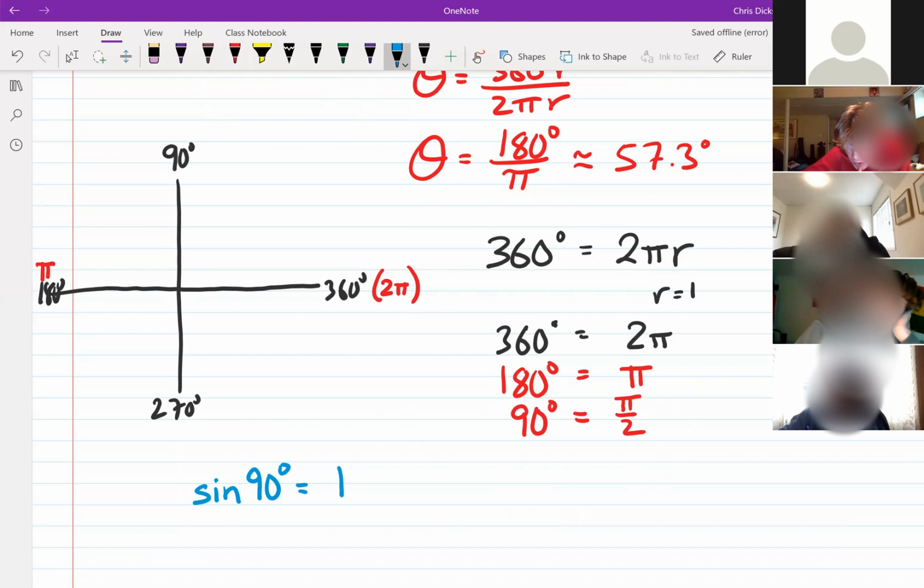Okay, and now let's take half of 90. Let's go to 45 degrees. So if I divide 90 by 2, I get 45. So if I divide pi over 2 by 2, I get pi over 4. And now I want you to type in, once again, still staying in degrees, the sine of 45 degrees.